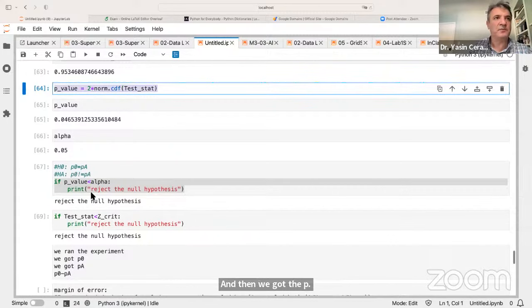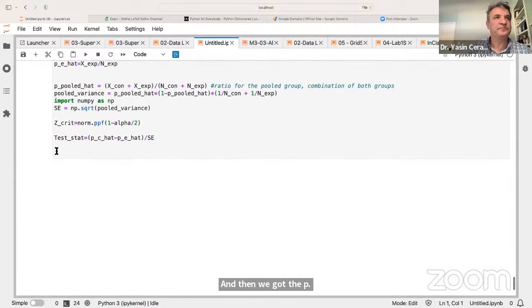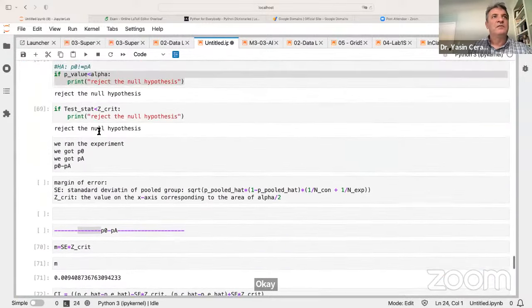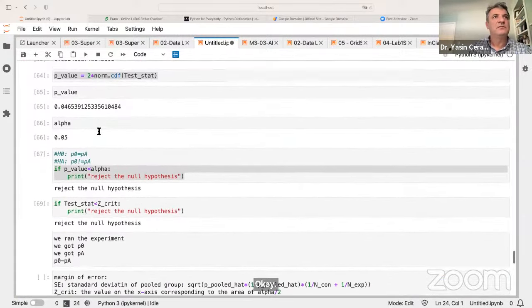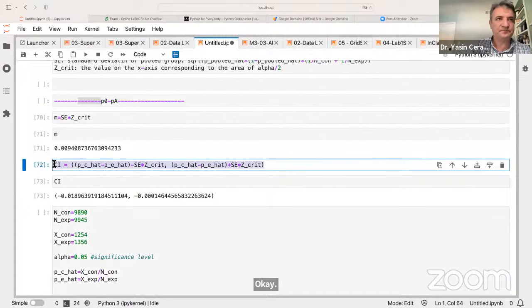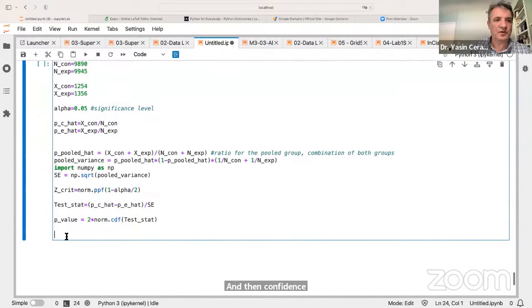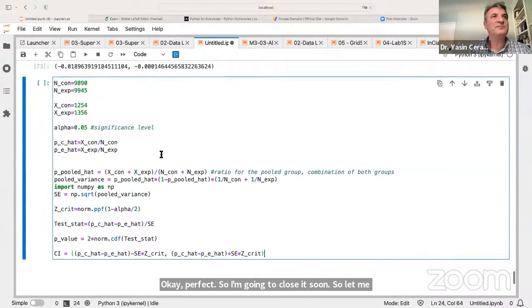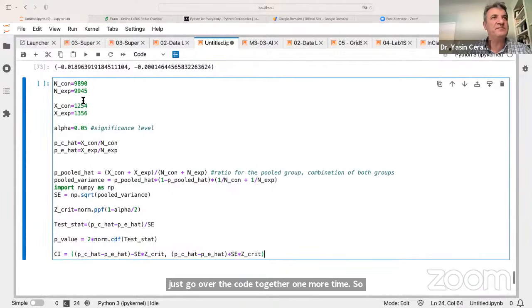Okay, almost done. And then the confidence interval. Okay, perfect. I'm going to close it soon, so let me go over the code together one more time to see if I made any mistake, so that we can close the session without any errors.